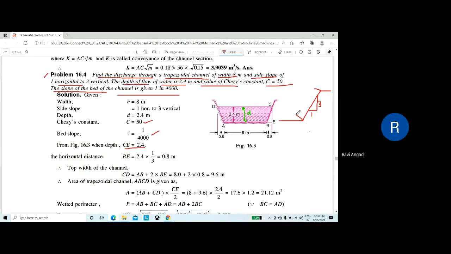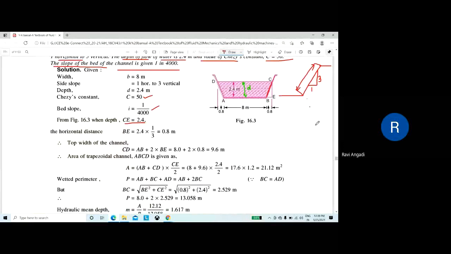How to calculate this one? This length needs to be calculated, because to calculate the wetted perimeter we require this length also. Okay, so what is the top width of the channel here? How will you calculate the top width of the channel? This is the top width, T.